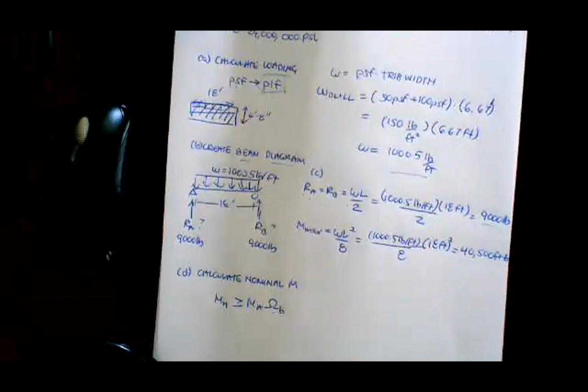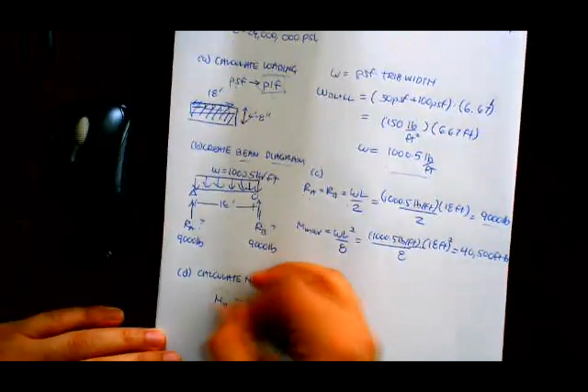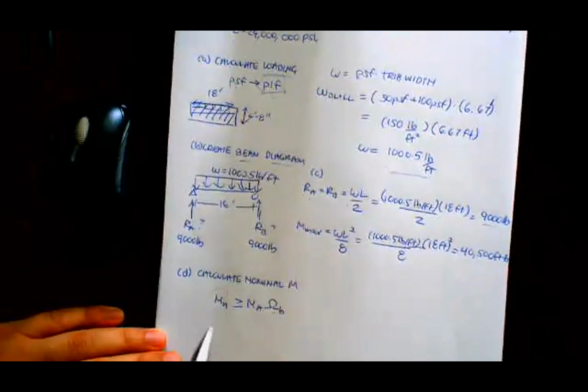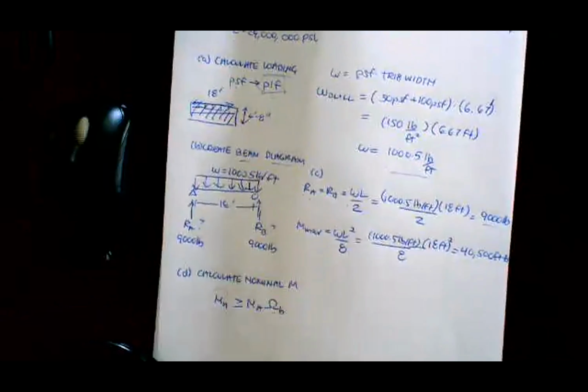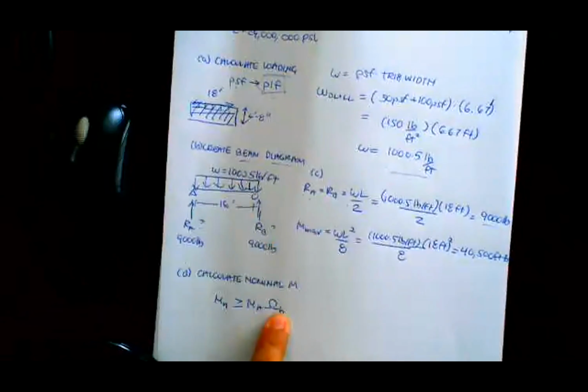So what the formula tells us is the following. The safe load of a beam, what's considered safe for a beam, the nominal moment, should be greater than the moment that is developed through the loading condition times a factor.